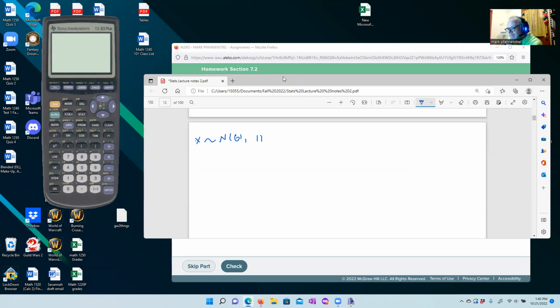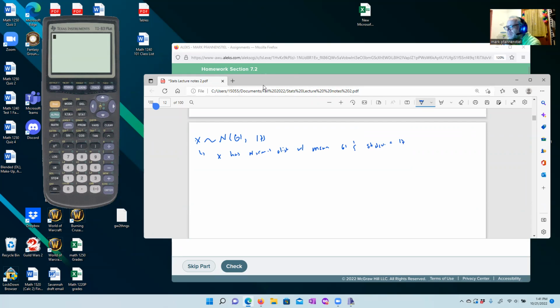You would interpret this as x has a normal distribution with mean 61 and standard deviation equals 17.